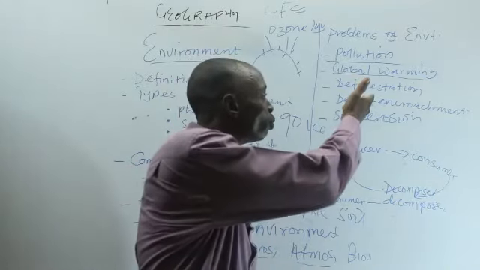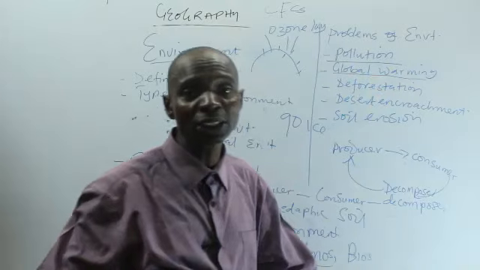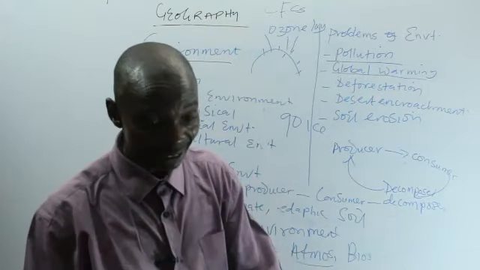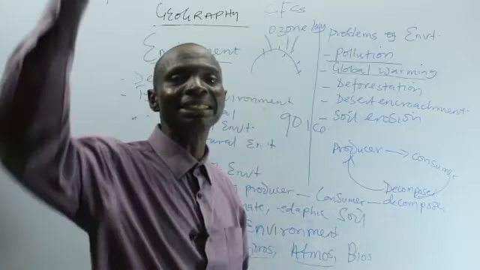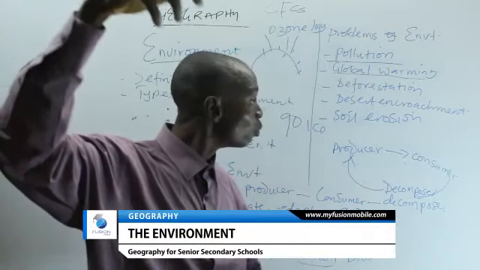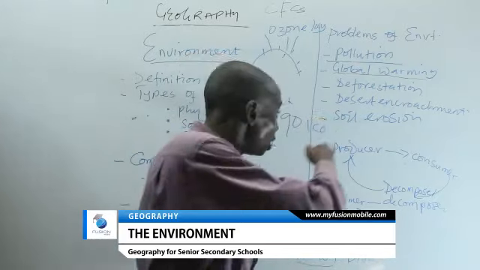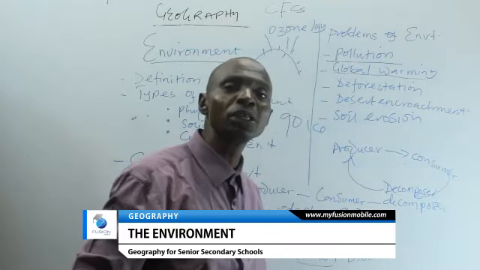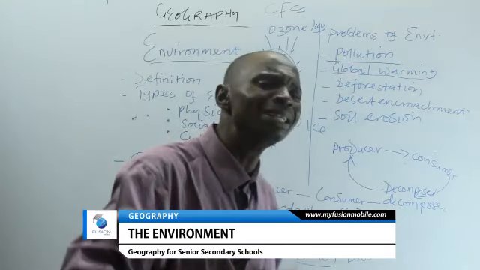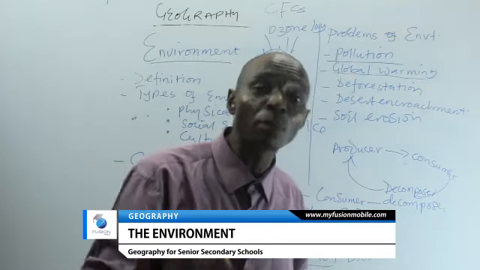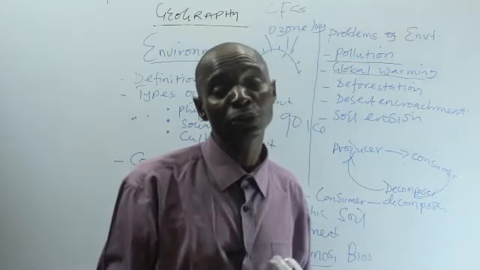And what you are doing is that you are exposing the ground, that is the lithosphere, to excess heat from the sun. And if you expose the soil, it will lead to escape of water, that is evapotranspiration.